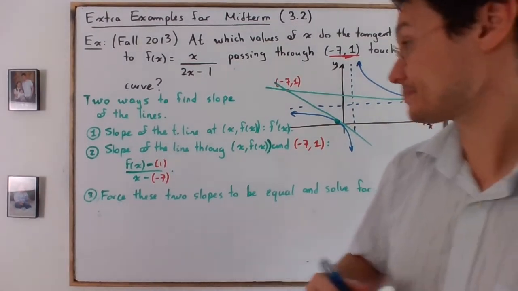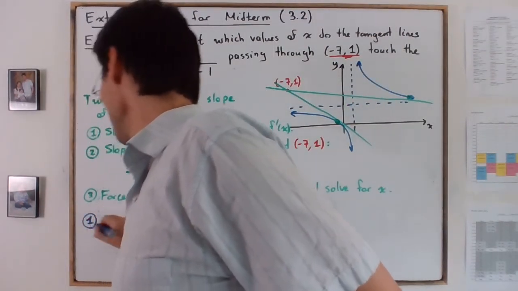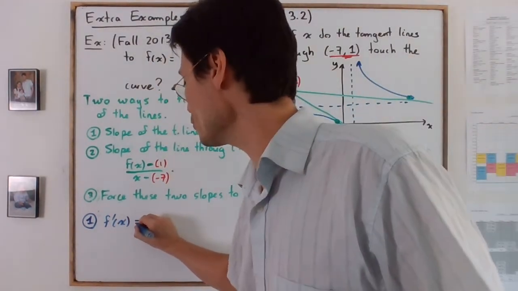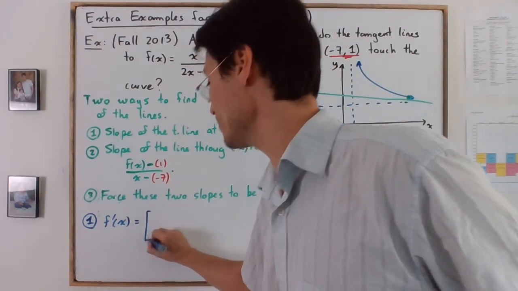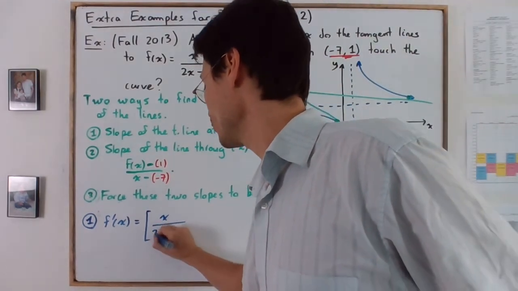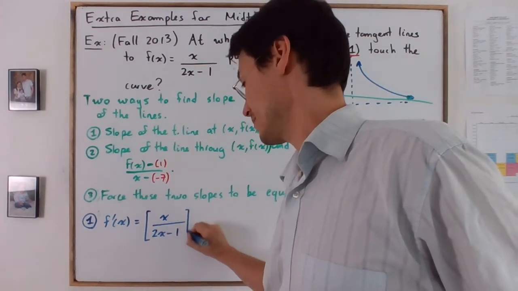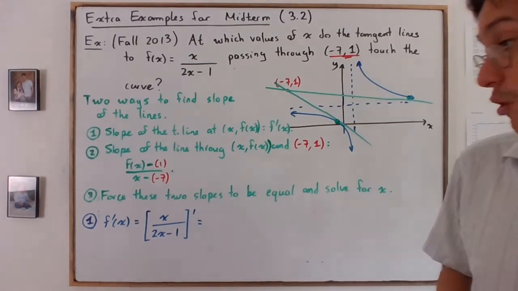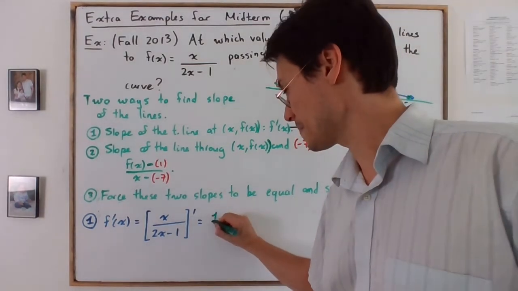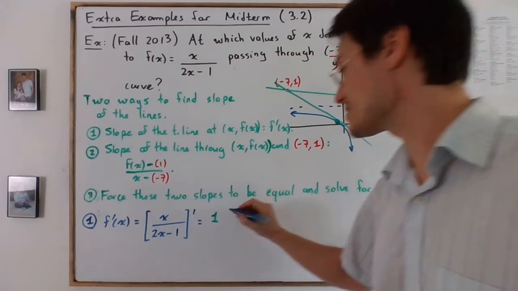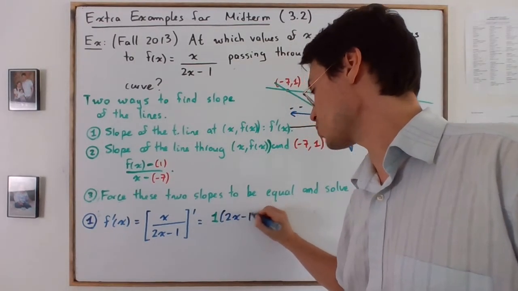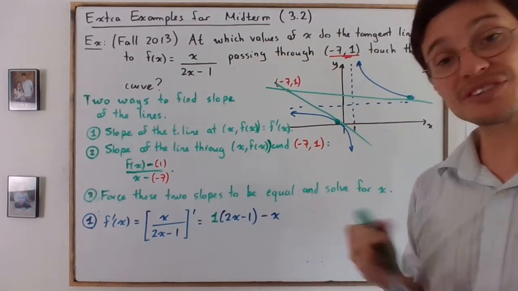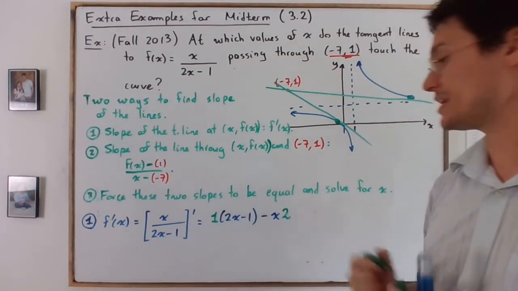Let's follow it. Number one, f prime of x. Here we have to use the quotient rule. So let's write x over 2x minus 1 like this, prime. And don't forget the quotient rule. You take the derivative of the top, 1, times the bottom, 2x minus 1, minus the top, times the derivative of the bottom, so minus the 2 here.